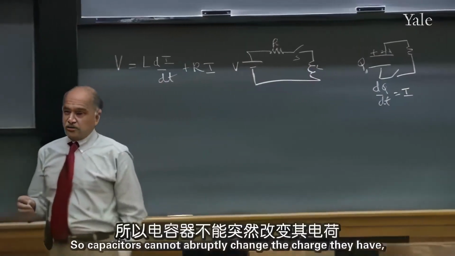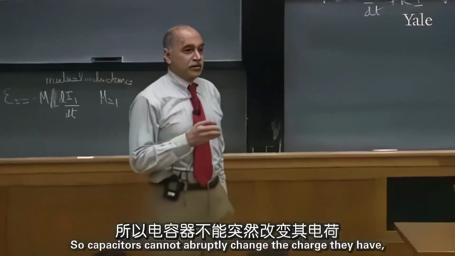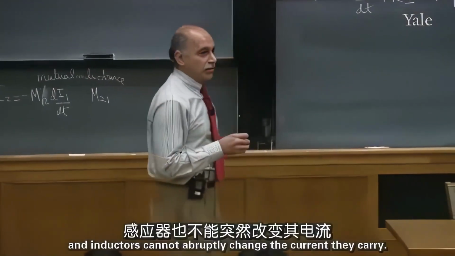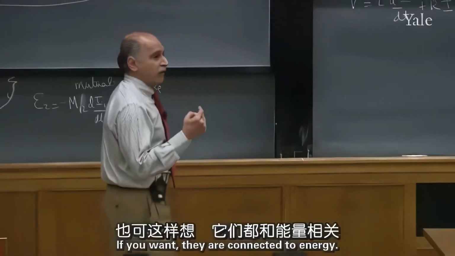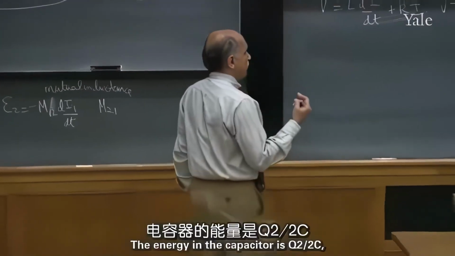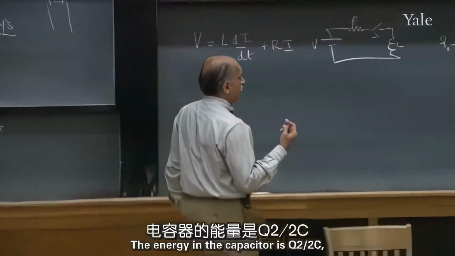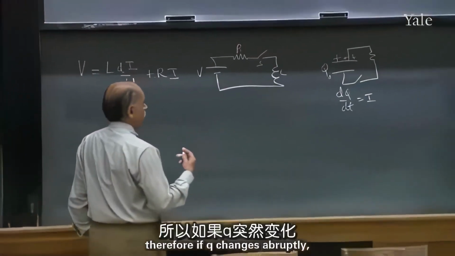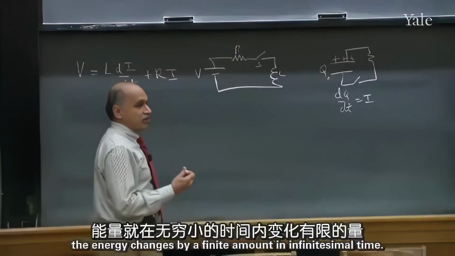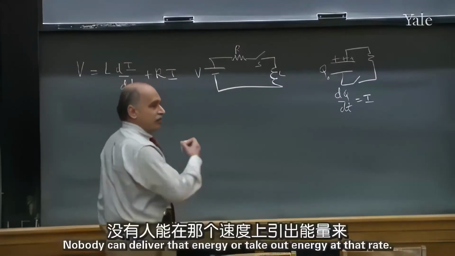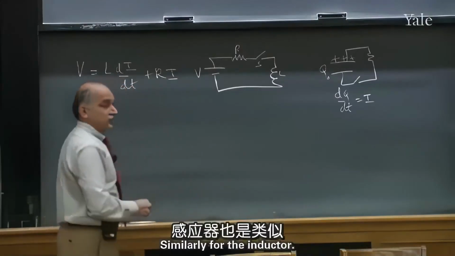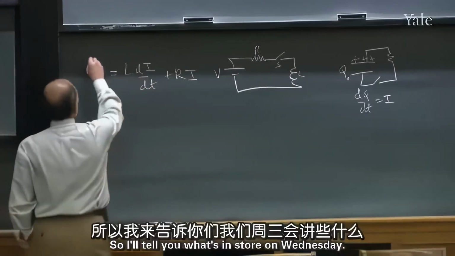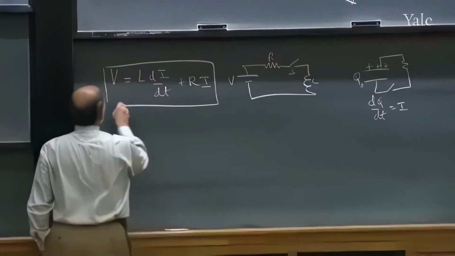So capacitors cannot abruptly change the charge they have, and inductors cannot abruptly change the current they carry. They are connected to energy. The energy in the capacitor is Q squared over 2C. Therefore, if Q changes abruptly, the energy changes by a finite amount in infinitesimal time. Nobody can deliver that energy or take out energy at that rate. Similarly for the inductor.